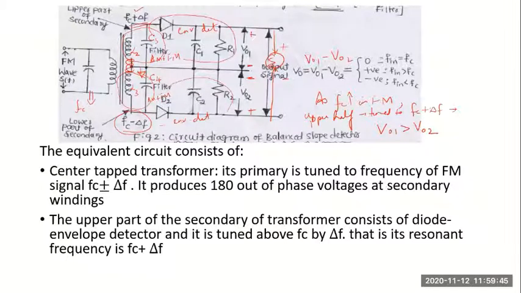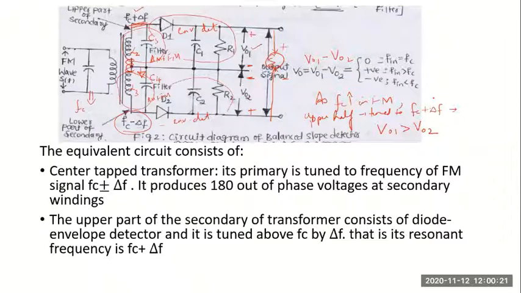So this part becomes much more tuned than the lower half because we are moving towards the frequency Fc plus delta F. Remember, the upper half is supposed to perform well at the higher frequency. So as we increase the frequency in the FM signal, as we move towards Fc plus delta F, we'll see the output of the upper slope detector, that is V01, will surely be greater than the output of the lower circuit V02.